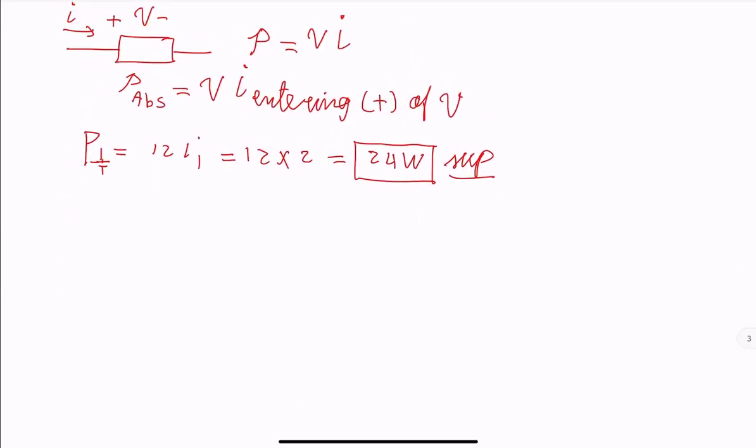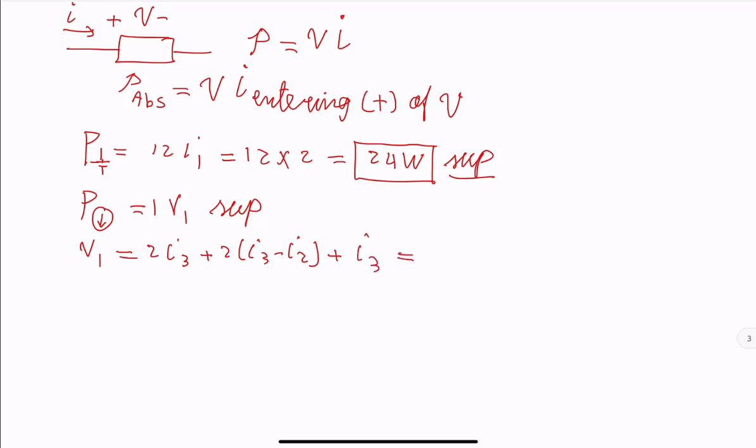So, power for the current source, supplied power, is 1 times V1. What is V1? Voltage drop, Kirchhoff's voltage law, 2I3 plus 2 times (I3 minus I2) plus I3 gives us negative 3.